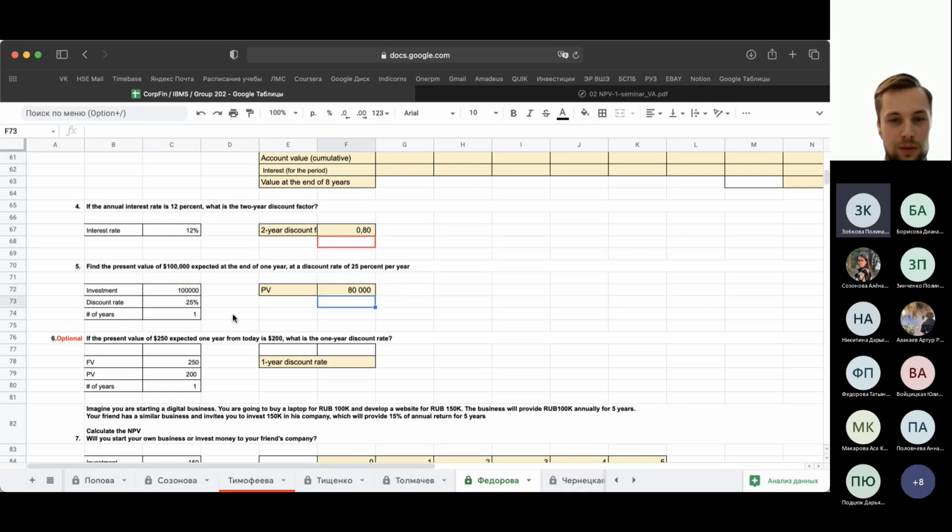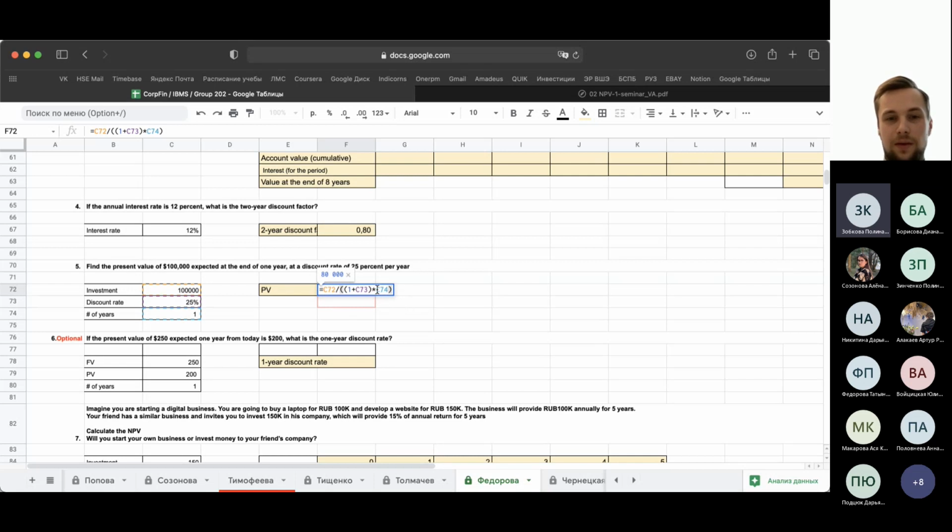Actually, if we look at the discount factor, we are not going to multiply, but raise to a power. So in this case, when we are calculating the present value, we just multiply our expected value of investment at the end of 1 year by the discount factor for 1 year.